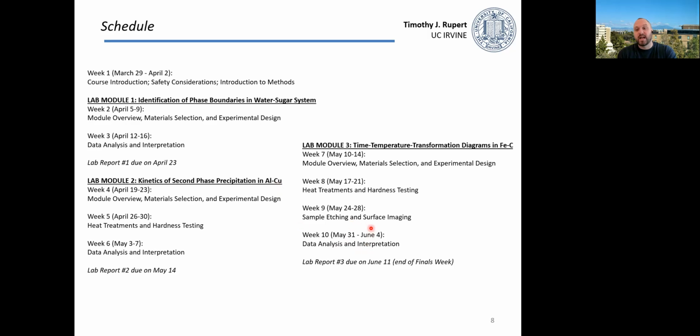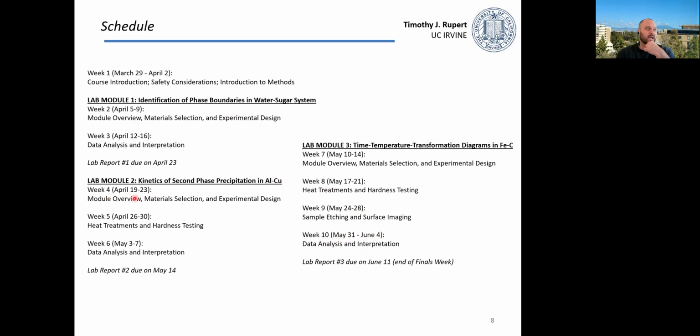Now, one thing I mentioned is if you look at those lab report formats, they align pretty well with the fact that we have the building up of complexity within a given lab module. So it's not that you have to write the whole lab report in the last week of the lab module. What you really should be doing, and what I'll try to help you do, is start writing it along the way.